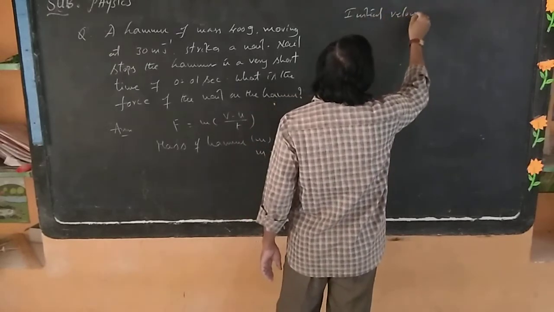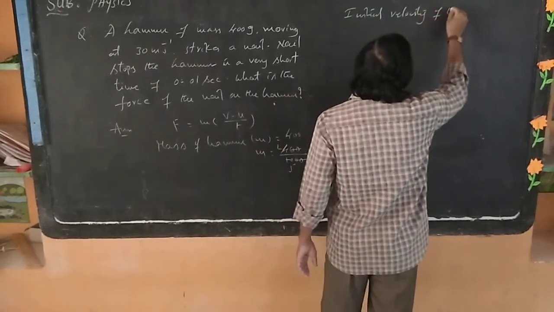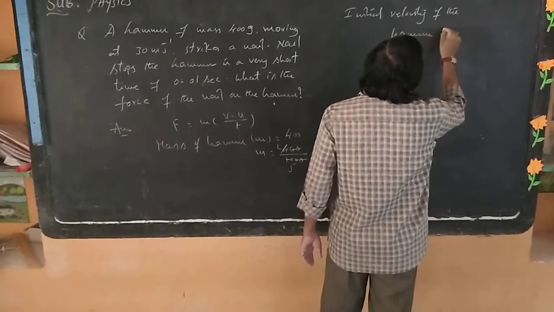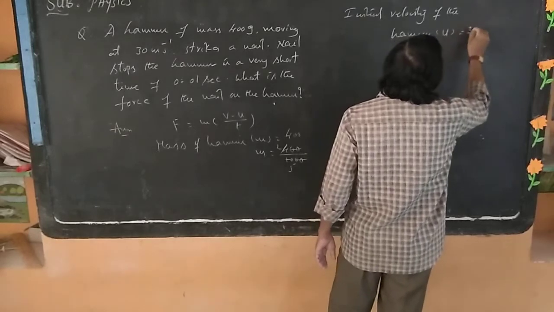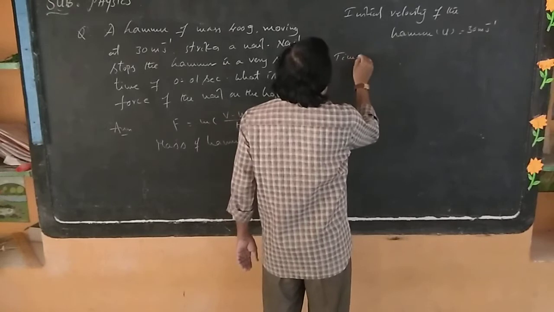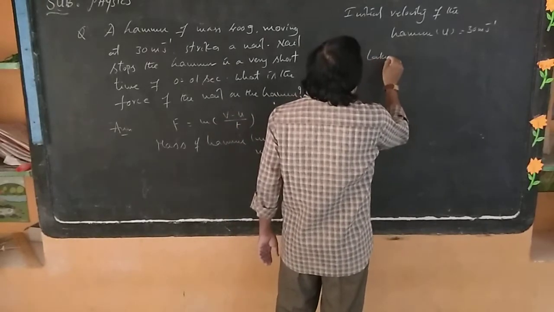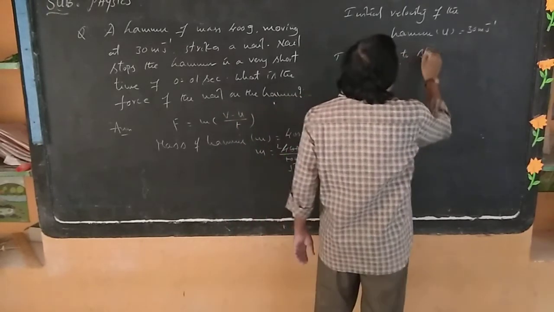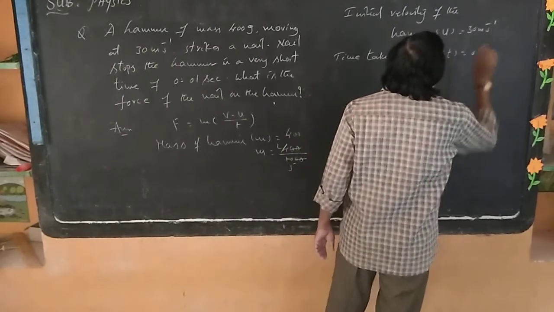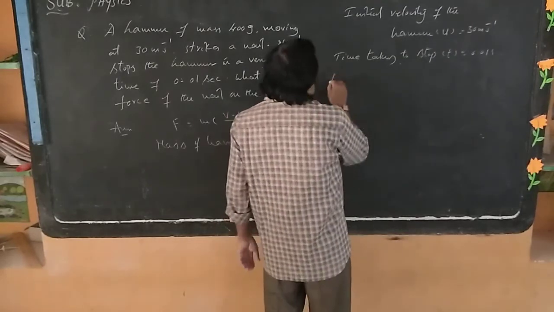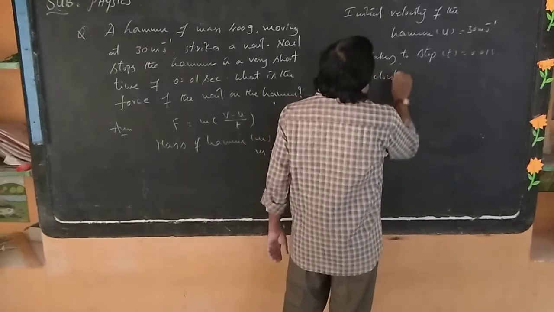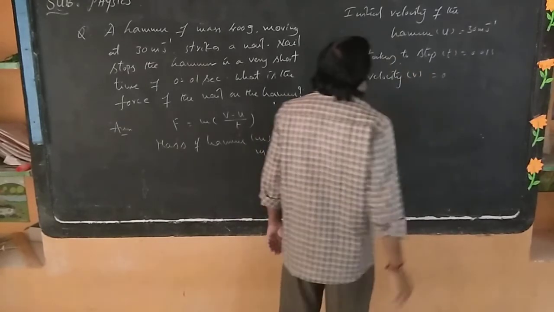Initial velocity of the hammer U is equal to 30 meter per second. Time taken to stop, T is equal to 0.01 second. Then final velocity V is equal to 0.